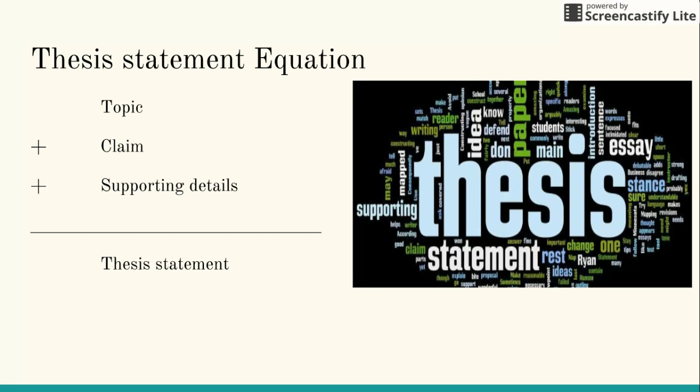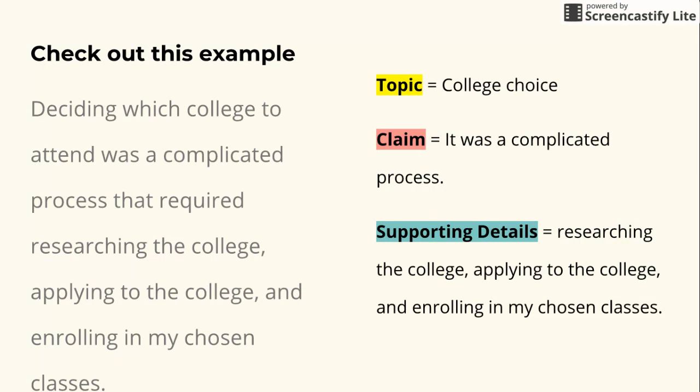So the thesis has 3 parts: the topic, a claim, and supporting details. All 3 of those go into one sentence. And this sentence will be the last sentence of your introductory paragraph. Check out this example.